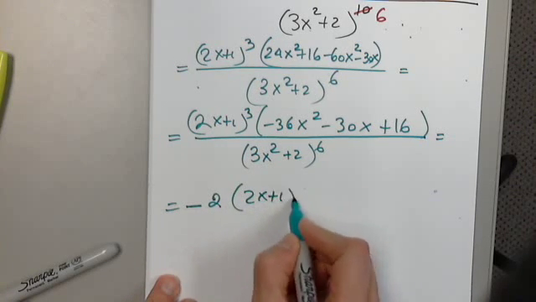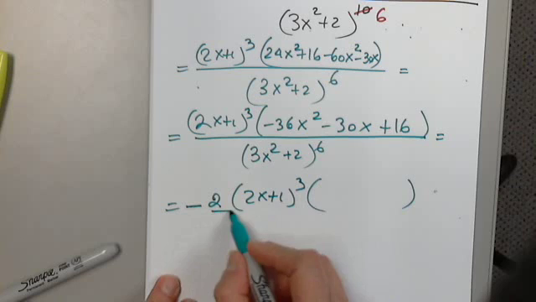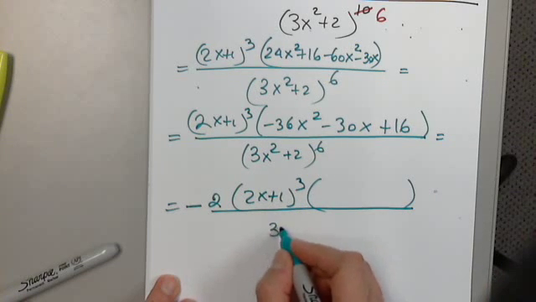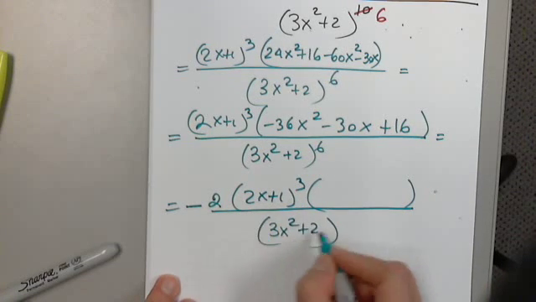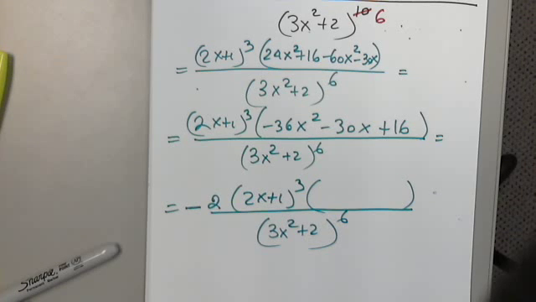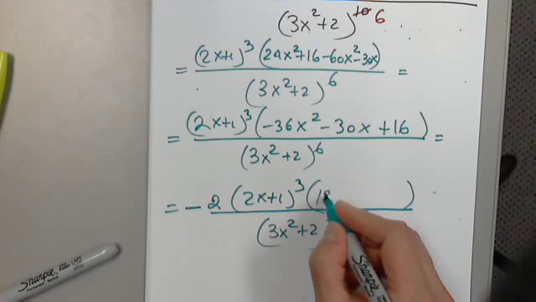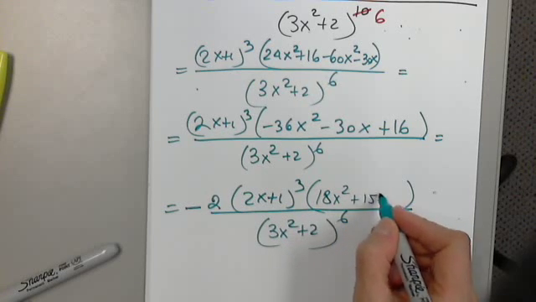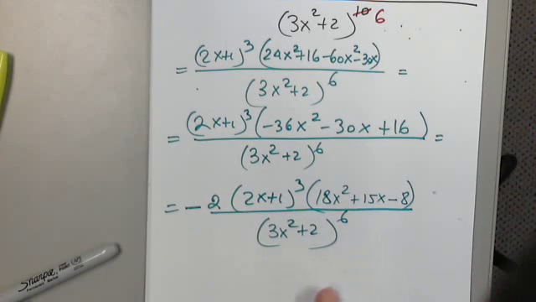So 2x plus 1 cubed, and let's see what we have left. A lot of work. So it is 18x squared plus 15x. That's it. Okay, so let's look at a couple of other types of problems.